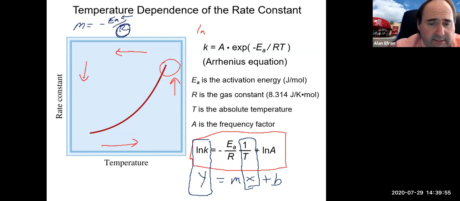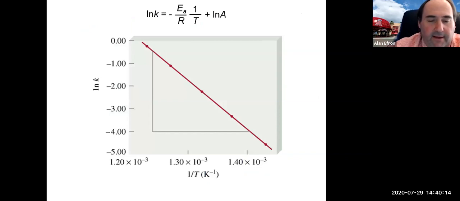You simply take Ea equals minus 8.314 times our slope from the graph. So you can very quickly figure out the activation energy through graphical means.